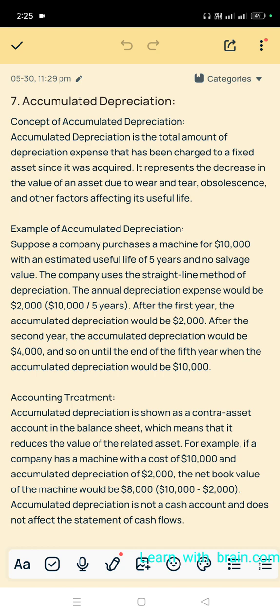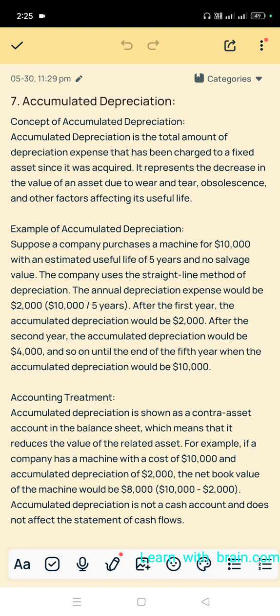Suppose a company purchases a machine for 10,000 with an estimated useful life of 5 years and no salvage value.